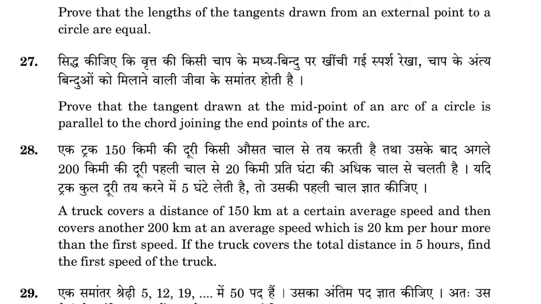Question number 27. In this question we have to prove that the tangent drawn at the midpoint of an arc of a circle. Okay, so this is the circle with center O, and let this be the arc AB, and midpoint of this, and tangent is drawn here.